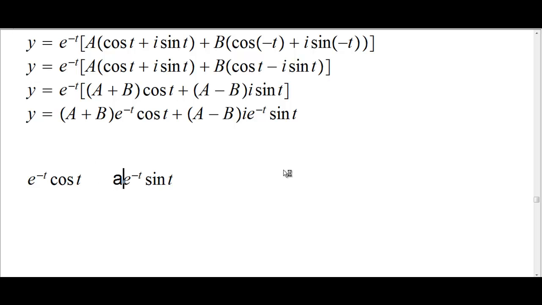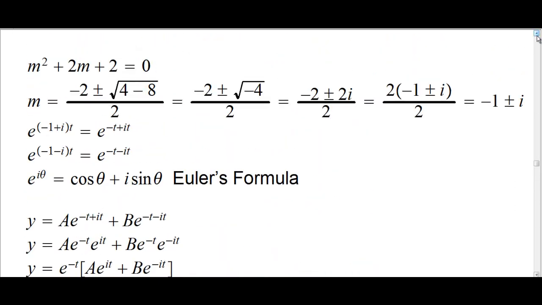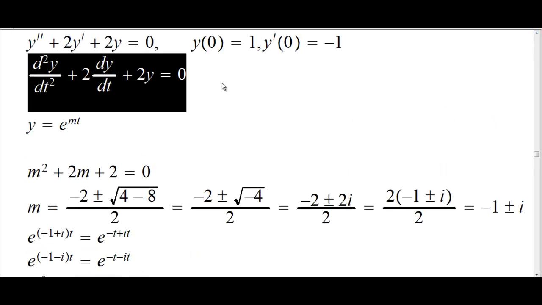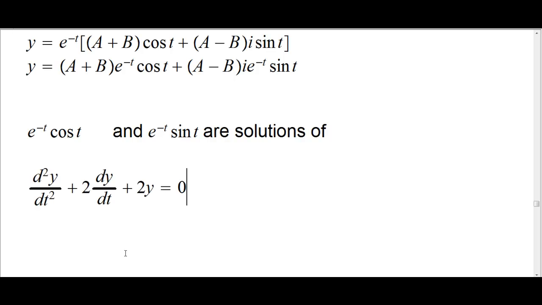Okay, I can check it for you. All right. So you can check that these are solutions of this guy here. All right. Am I making sense?